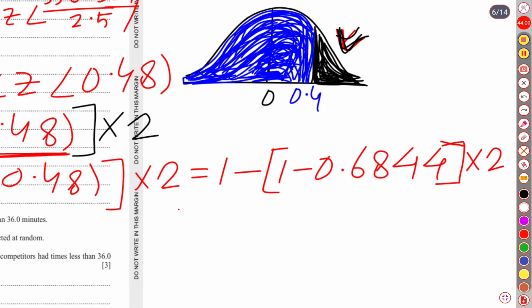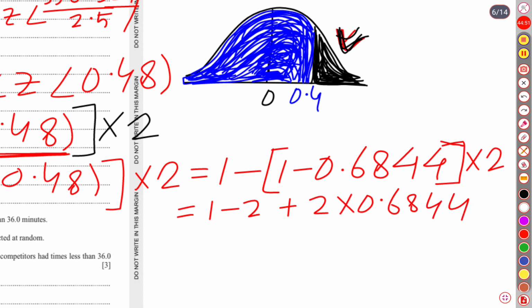So what is it going to be? Let us solve it directly. It is going to be 1 minus 2 plus 2 into 0.6844.